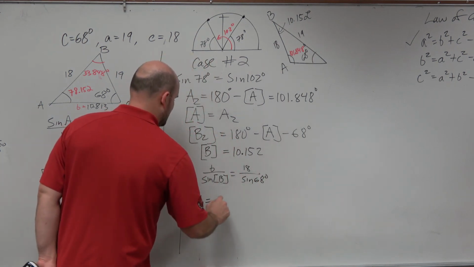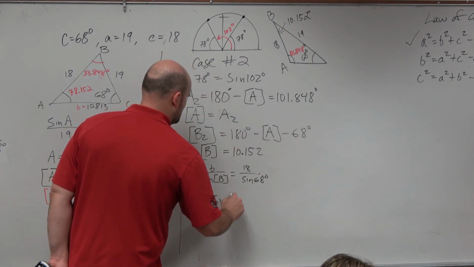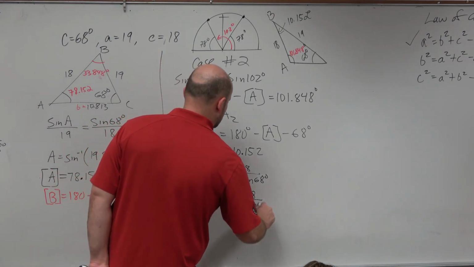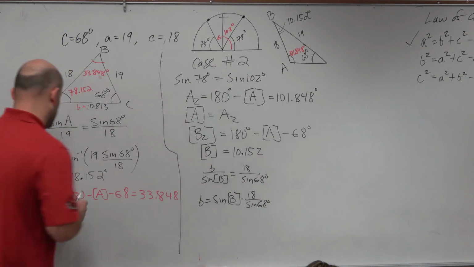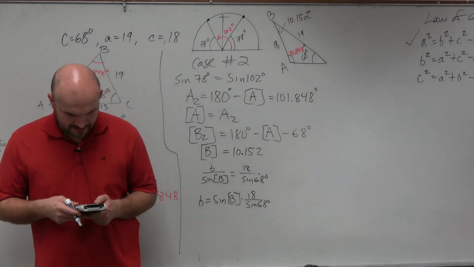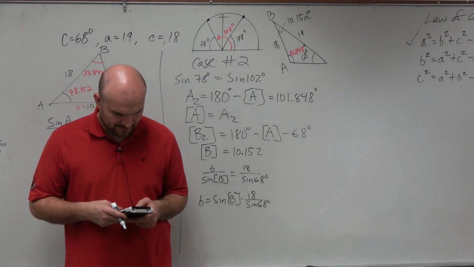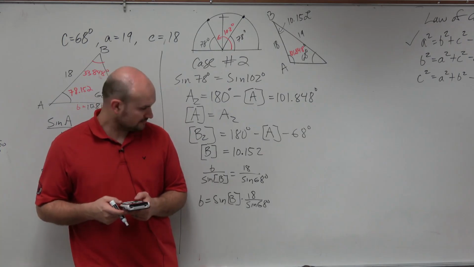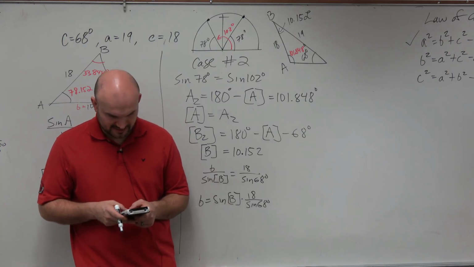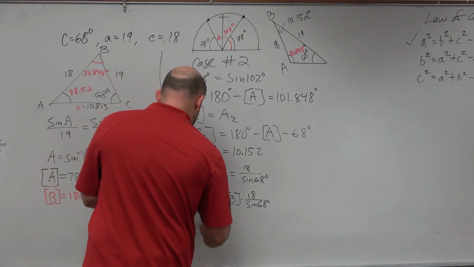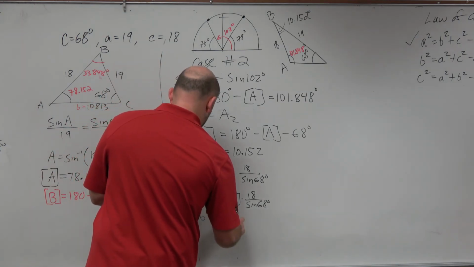So therefore, b equals the sine of my new stored b times 18 over the sine of 68 degrees. It's really the same thing I did way over here, just with new b's, though, right? So I do sine of alpha b times 18 divided by the sine of 68, and I am getting b equals 3.42.